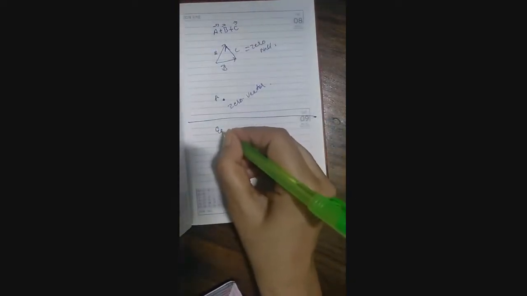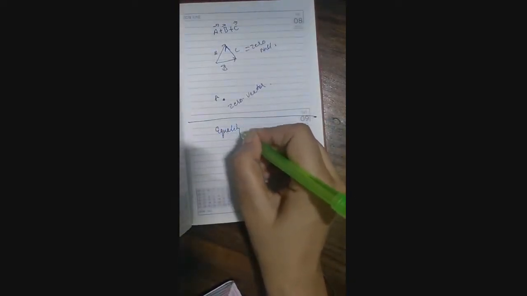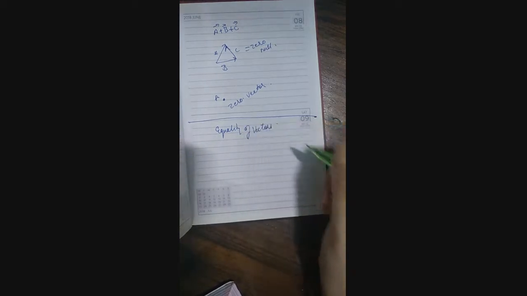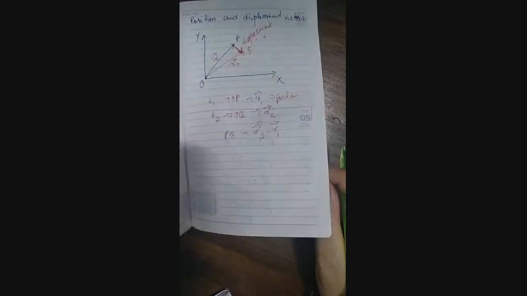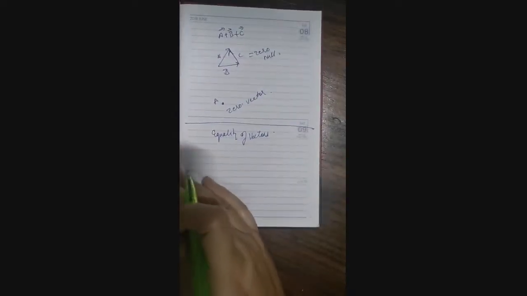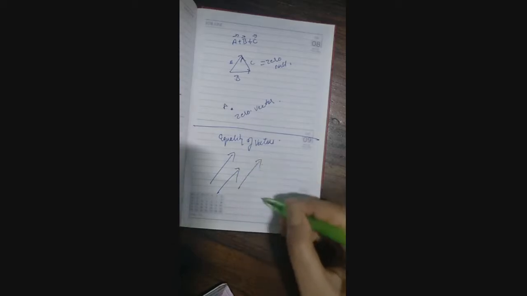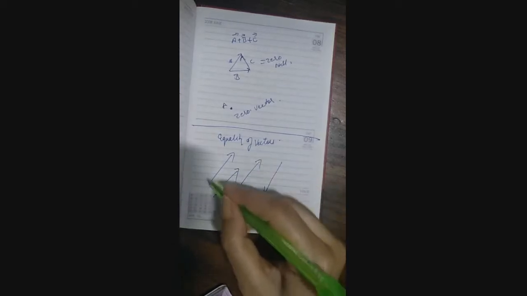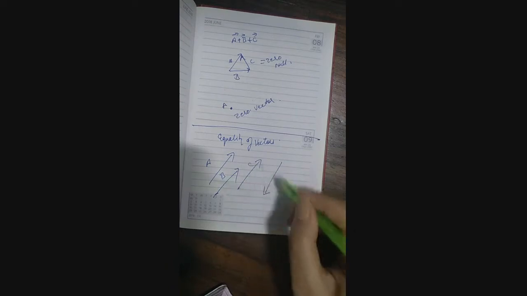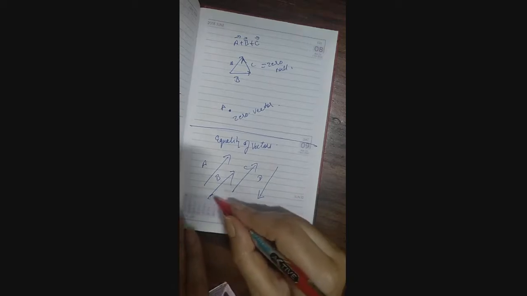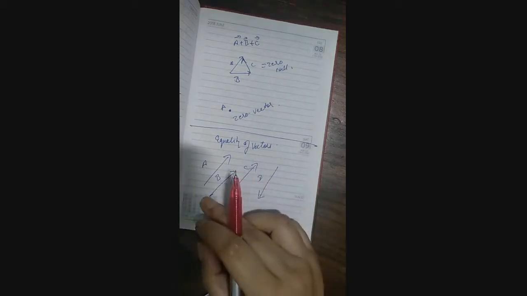Now, the last topic for today's discussion is equality of vectors. When and how will vectors be equal? For example, there are 4 vectors A, B, C and D. Over here we can see that A, B, C are in the same direction, and the magnitude, the length of the arrow, is also the same.